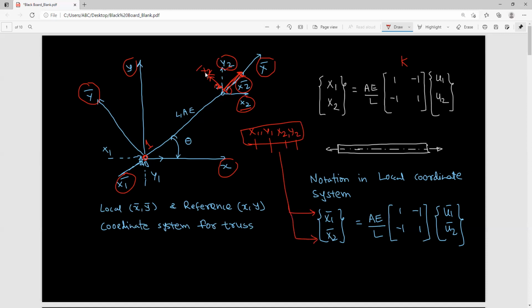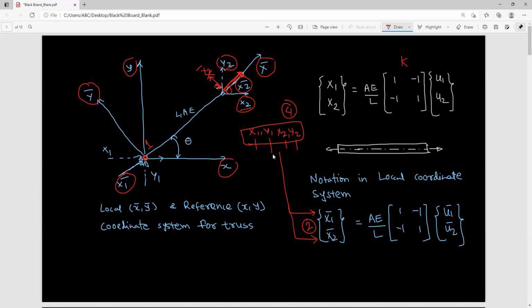So these two components, x1 bar and x2 bar, will be resolved, but in the reference coordinate system it becomes 4 components, and in the local coordinate system the force components are 2.